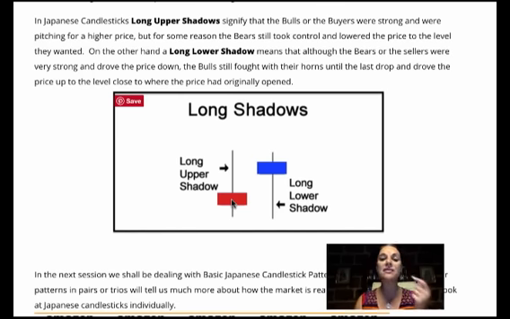This is a candlestick which is very important because in time this will show us which direction the market is going to take. So when you see a candlestick with a lot of action but a lot of indecision, watch out for what's going to happen next.